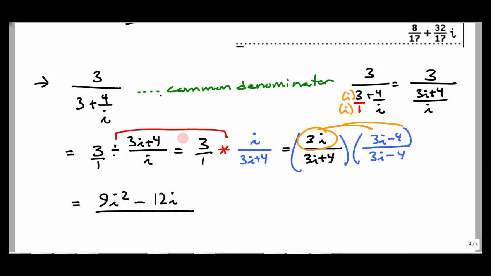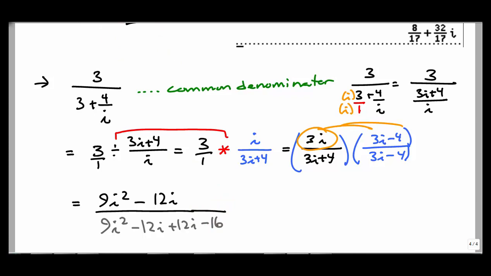And we're back to familiar territory here. Now the denominator, 3i times 3i is 9i squared, and do not be tempted to cancel these. They're not factors, they're only terms. Then my outside is a negative 12i, my inside is a positive 12i, and my lasts would be a minus 16.